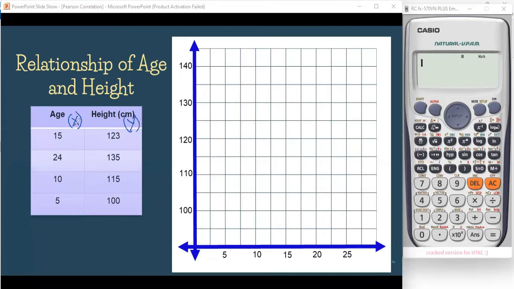When we say x, it is found on the horizontal axis or the x-axis. When we say height, it is found on the vertical axis.